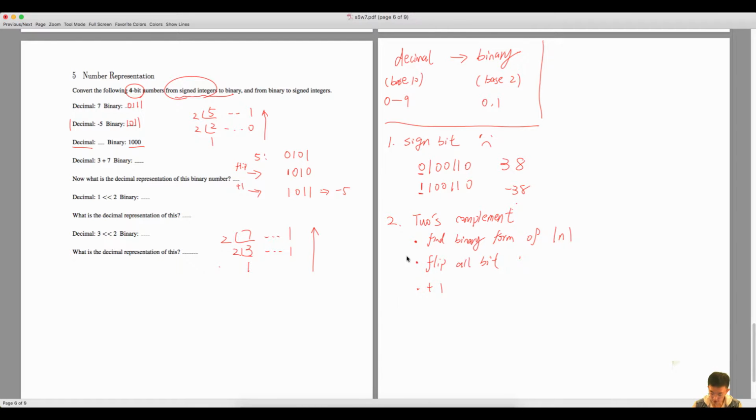To change from 2's complement to the normal binary number, what we're gonna do is flip all the bits. Then this will give us a positive number, and then we add 1 to it.